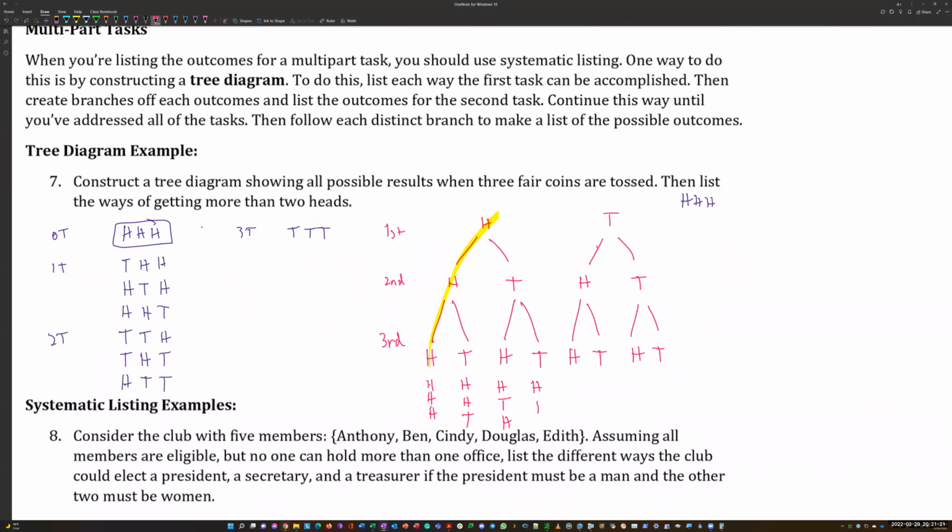Then heads, tails, tails. Then we get tails, heads, heads; tails, heads, tails; tails, tails, heads; and tails, tails, tails. Same thing. Does that make sense? Yes. Any questions? No.